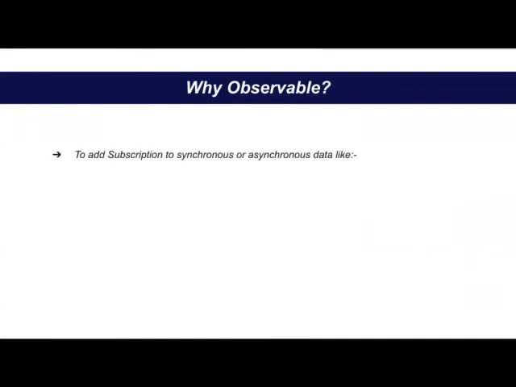Next, we can add subscriptions to synchronous and asynchronous data. What can be the asynchronous data? First, streams of data. We know that we work on WebSocket communications where we get data very frequently. Just think how difficult it would be to handle that with promises.